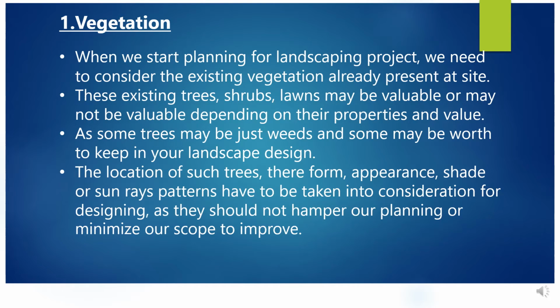But some plants may blend with your landscaping theme, so they have to be considered. The location of such trees, their form, appearance, shade or sunrise pattern have to be taken into consideration for designing, as they should not hamper our planning or minimize our scope to improve.